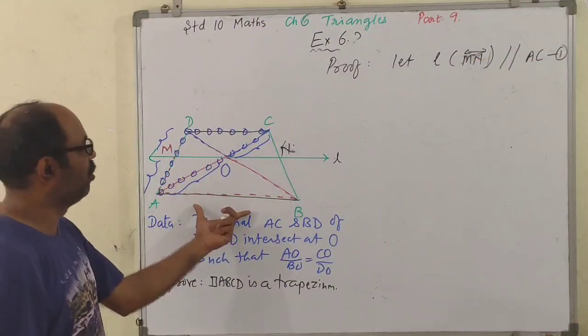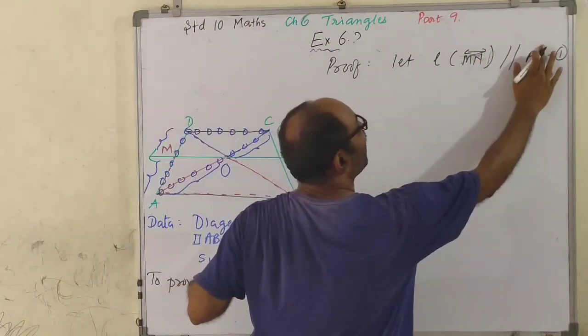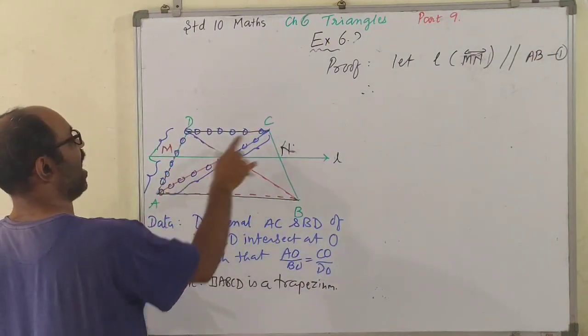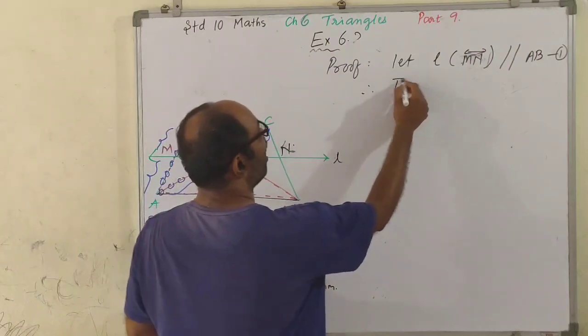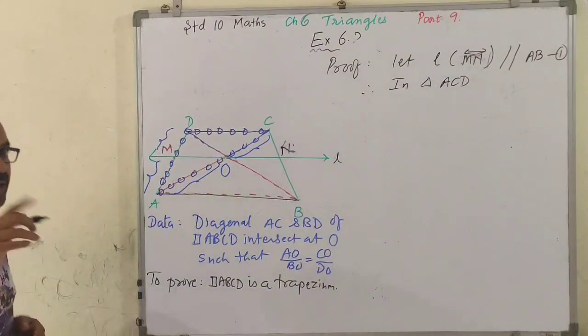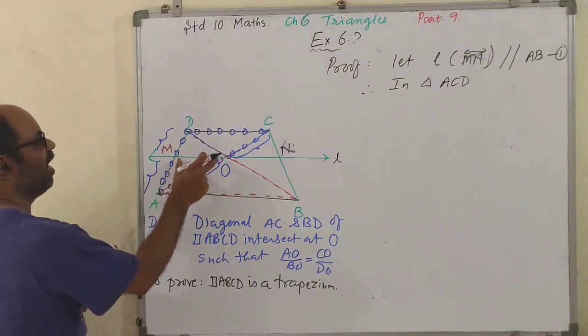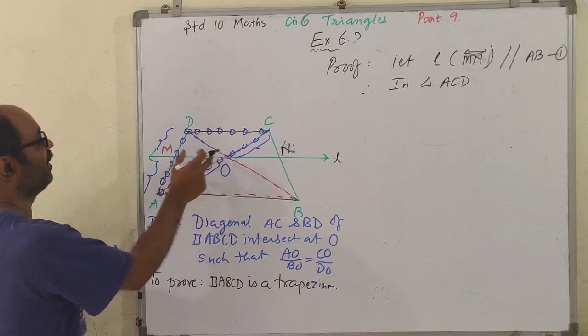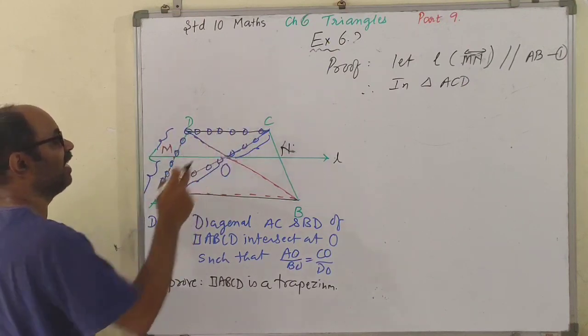Therefore, in triangle ACD, MO intersects AD and AC.